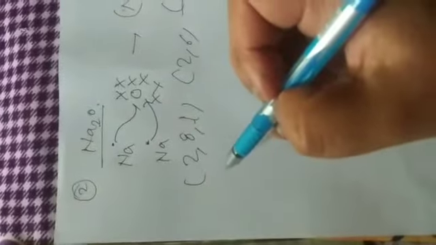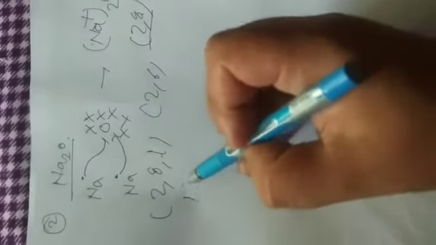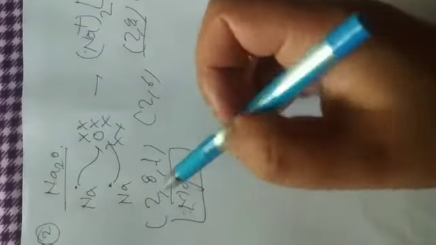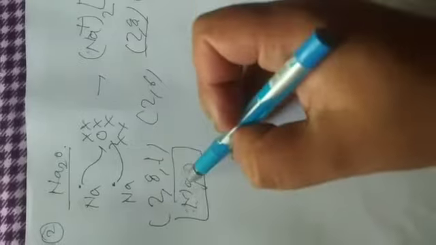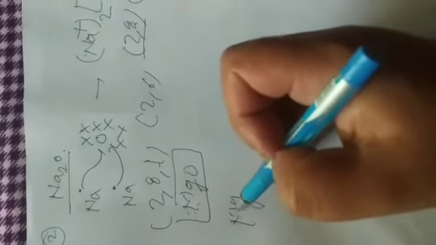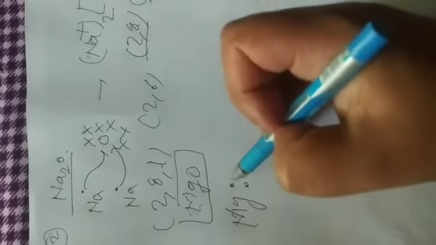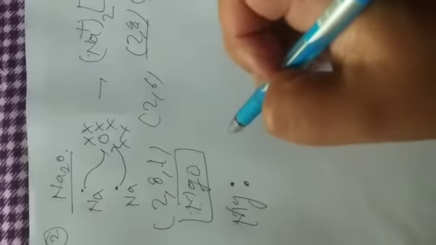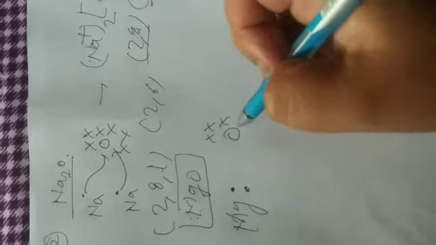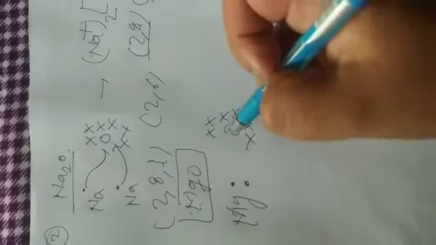The next compound is magnesium oxide. This compound is also very important for the board examination. Magnesium has 2 electrons in the outermost cell, represented by dots, and oxygen has 6 electrons in its outermost cell.